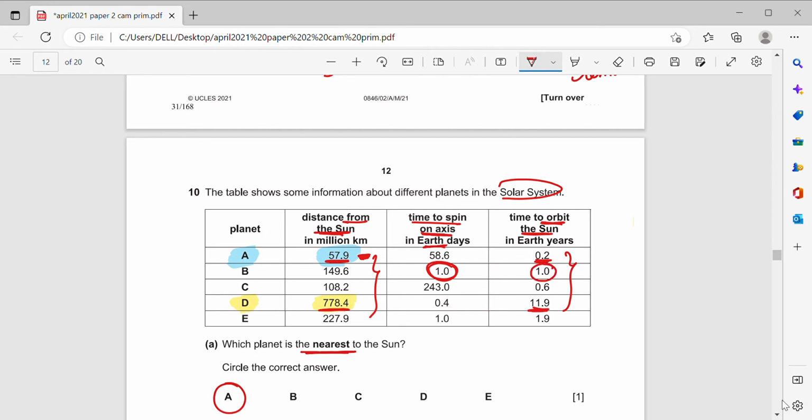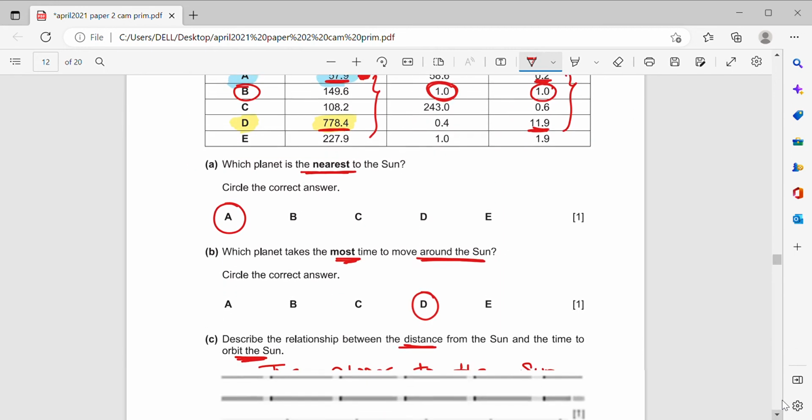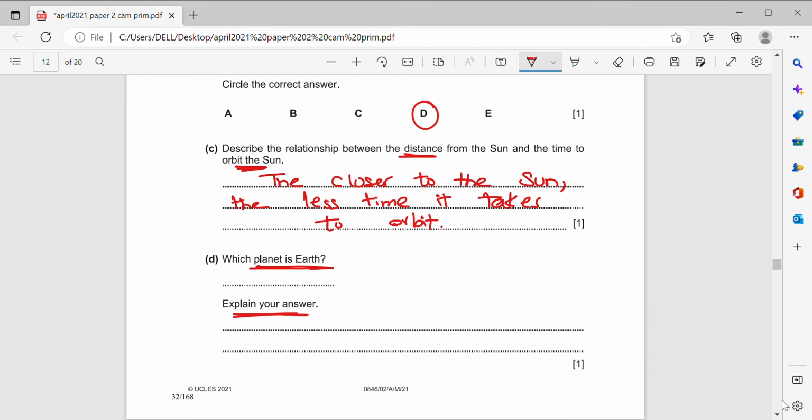So which planet is Earth? B. How did we know? From the time to spin on the axis and the time to orbit the sun. So the answer is B. How did we know?